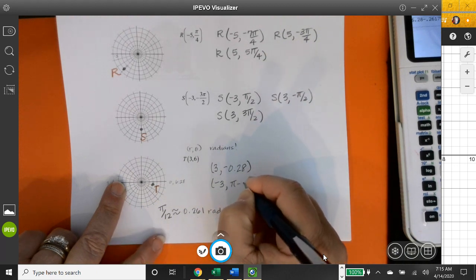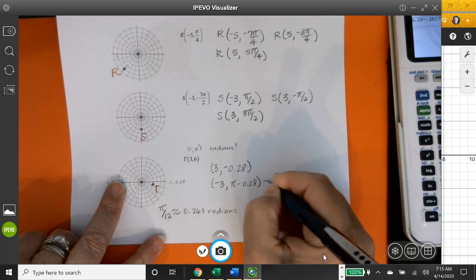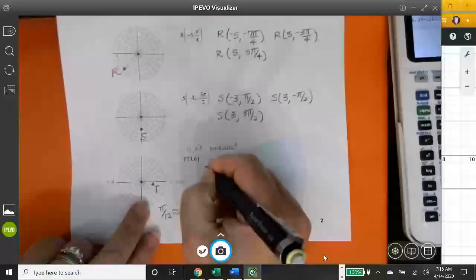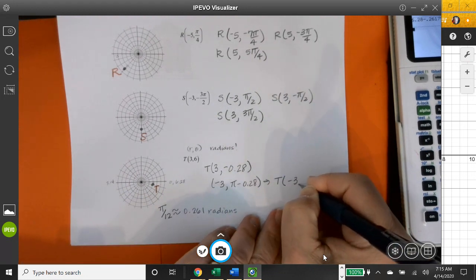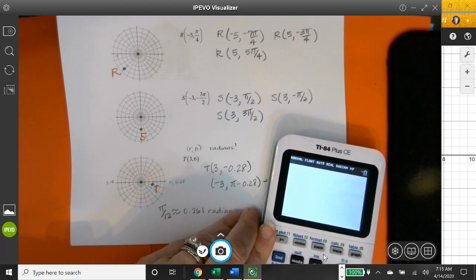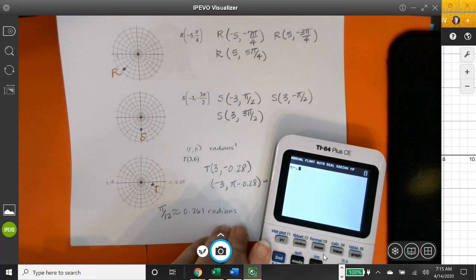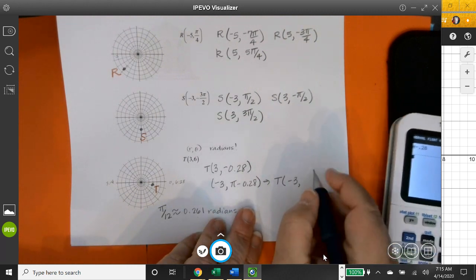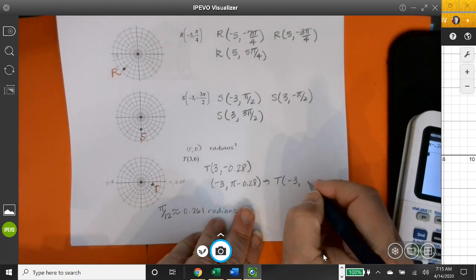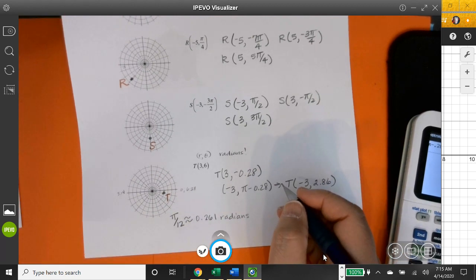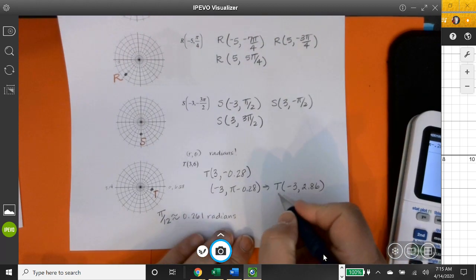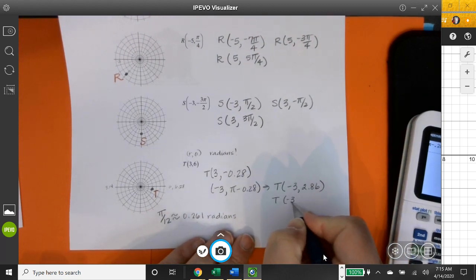Well, that would be pi minus 0.28, and this is T. T would be -3, comma, and if we did that on the calculator, second pi minus 0.28, we get 2.86 radians approximately. All right, so what is our other measurement going to be? If I go out radially -3.